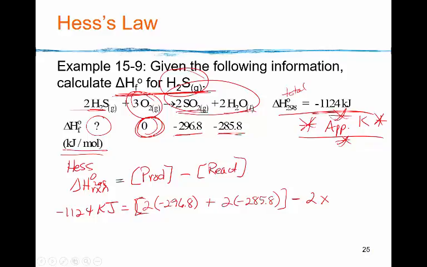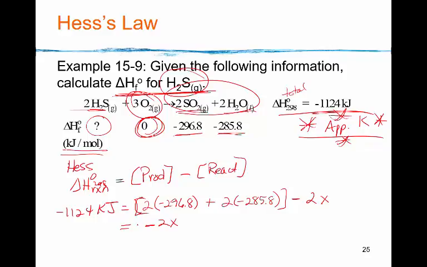Now, here's where the algebra comes in, and you've got to remember this. All your numbers need to be on one side of the equal sign, and all the stuff with letters needs to be on the other side. So I'm going to end up with a minus 2x equal to a number over here.